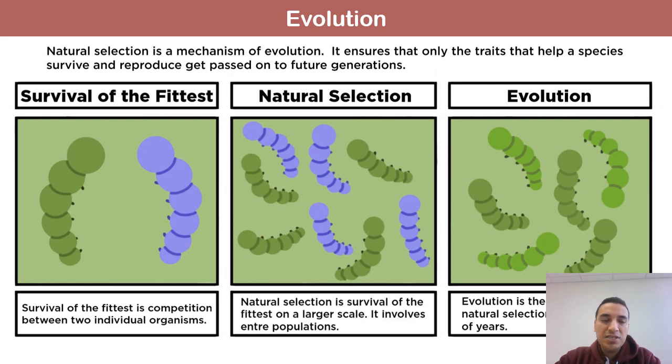Survival of the fittest is where you have competition between two individual organisms. Natural selection is where you have the survival of the fittest on a larger scale. So you are thinking of entire populations at this point. And evolution is how those two processes happen over millions of years, depending on how you look at it. Some people might look at thousands of years, some people might look at billions of years.